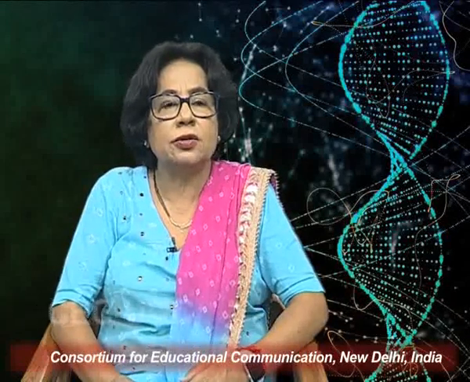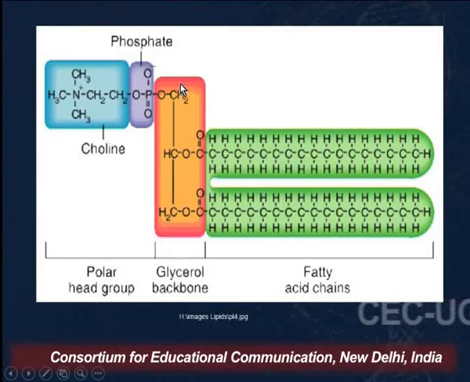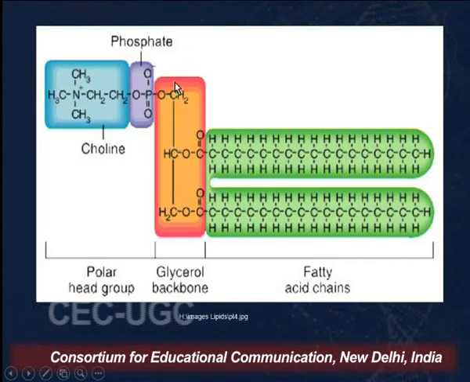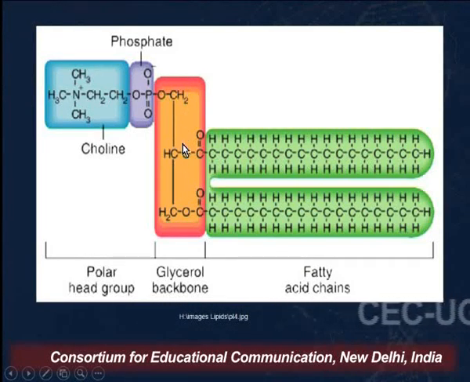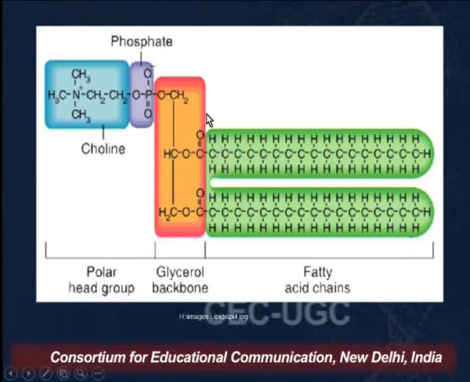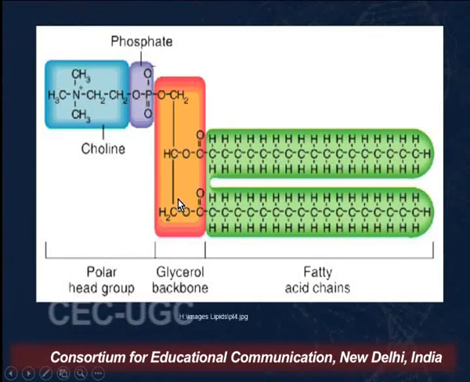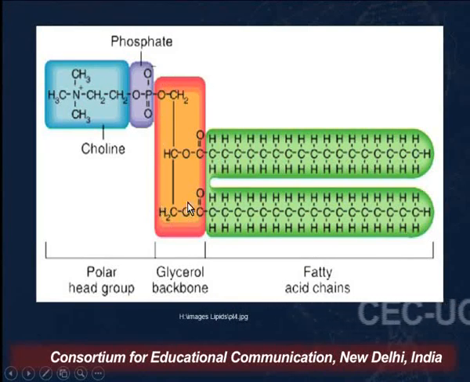If you look at your screens, like phosphatidic acid, glycerol is the basic backbone of this molecule. The first hydroxyl group and the second hydroxyl group form bonds with fatty acids, and the third forms a phosphoester bond with a phosphate group. This is the structure, if you recollect, that is present in phosphatidic acid.